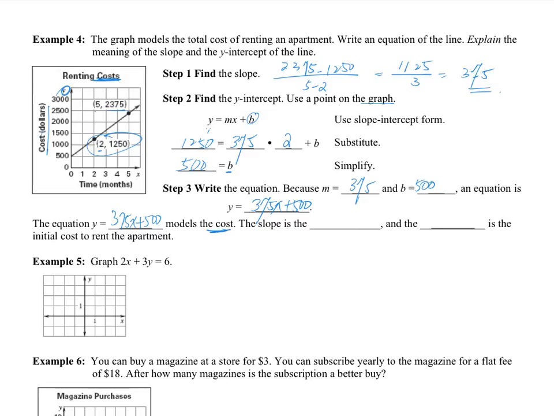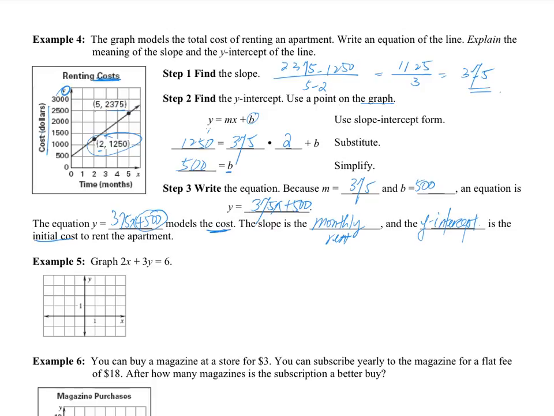The slope is the monthly rent, and the y-intercept is the initial cost, or the beginning cost to rent the apartment. So this is the initial cost.